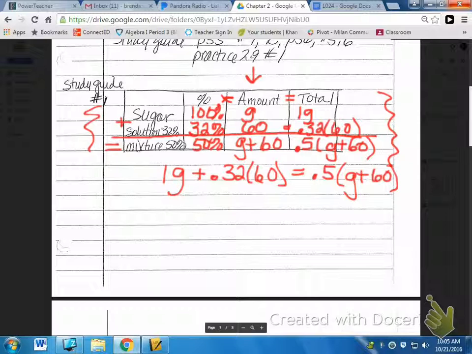I've gone ahead and found some of these numbers because I don't really want to focus on the actual calculating in here. You're going to have a calculator. That's fine. I am more concerned about us being able to fill in the tables and write the equation. Once you get that, honestly, it should be the easy part coming up. So I'm going to say G plus 19.2 equals, and then you would distribute, 0.5G plus 30.